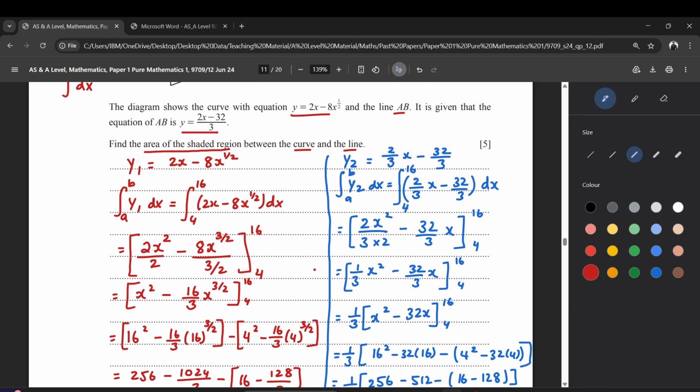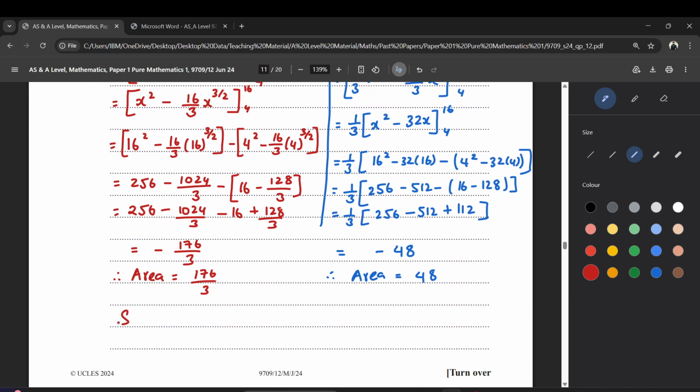So therefore, shaded region or shaded area is equal to 176 over 3 minus 48, and that gives us 32 upon 3. Okay, so this is going to be our final answer.